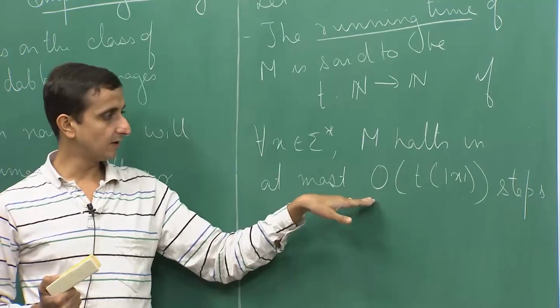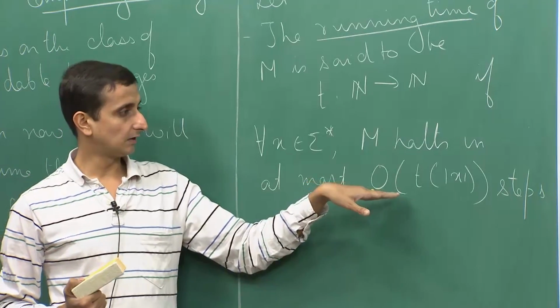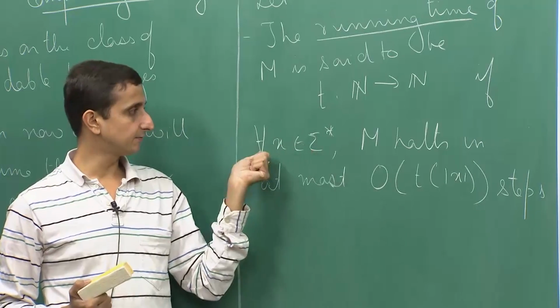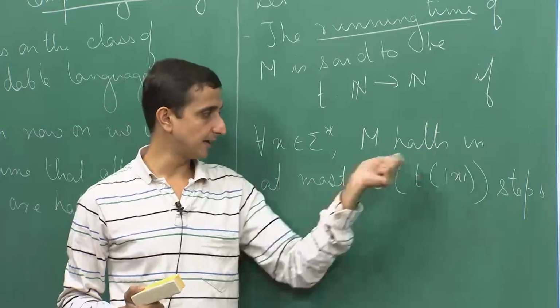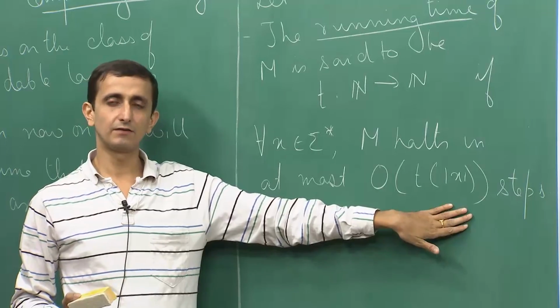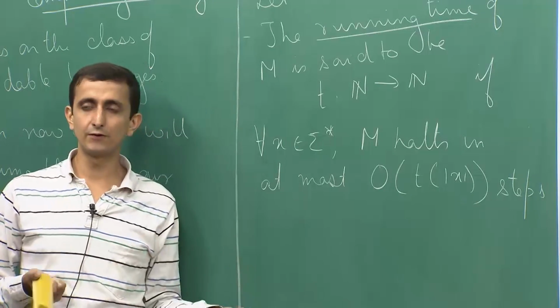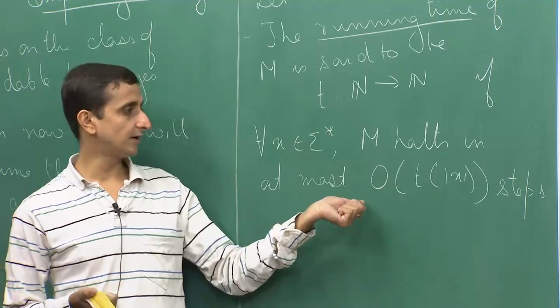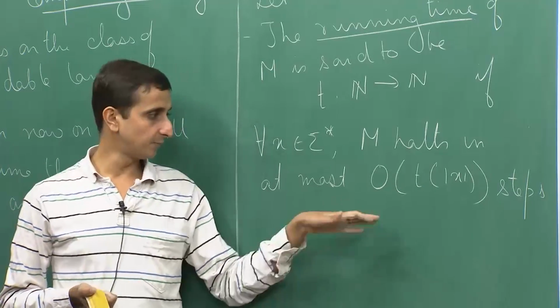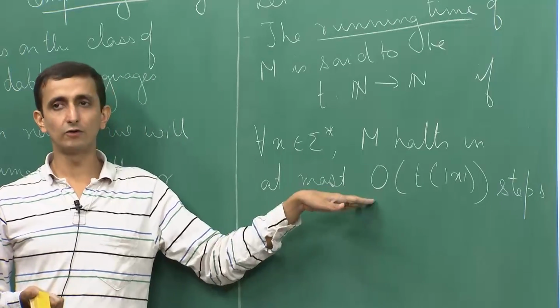Next is that, here we talk about the running time. So, we say that the running time is T if on input x the machine M halts in at most this many number of steps. Okay. So, it can halt in much fewer steps also, but it should not take more than this many steps. And the third point is the use of the order notation.